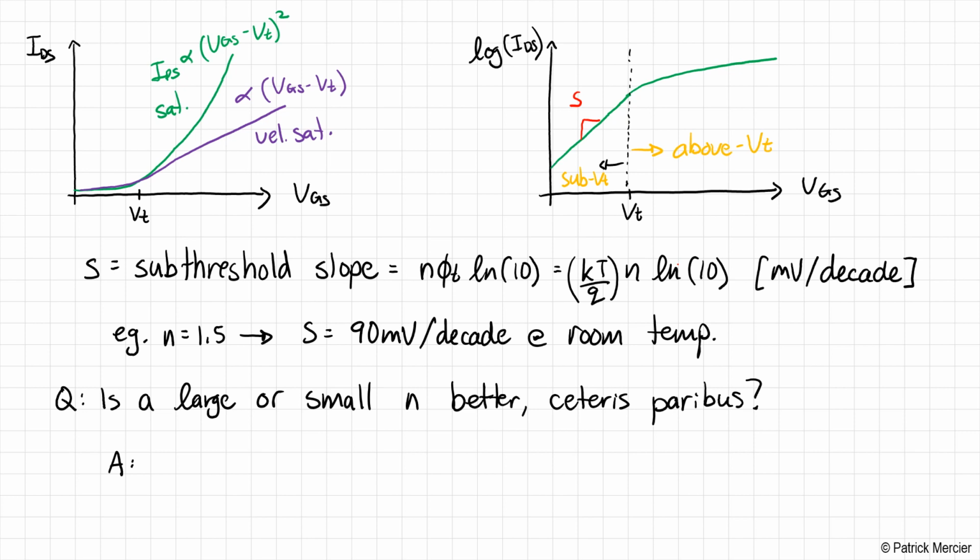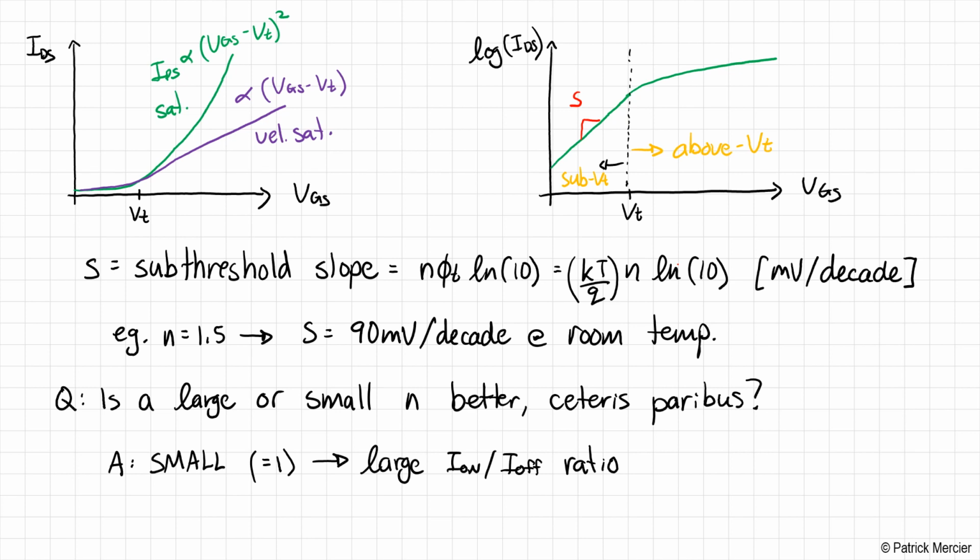This means that the answer to this question is we want n to be small. Ideally, or the lowest it could possibly be, is equal to 1. And the reason we like this is because it gives us a large I on over I off ratio. Okay, this is very good.